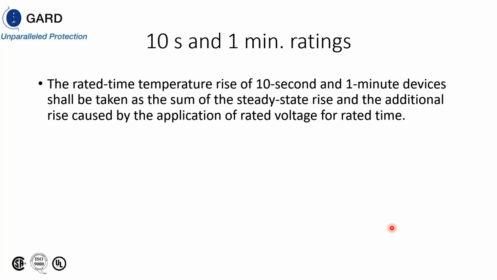The final rating of that resistor is going to be 400 amp 10 seconds, but it can tolerate a continuous current rating of 80 amps, so that when you add the temperature rise of an 80 amp unit, and then you get hit by a fault for 400 amp 10 seconds, the maximum temperature rise shall not exceed the limit for that resistor and for that rated device.